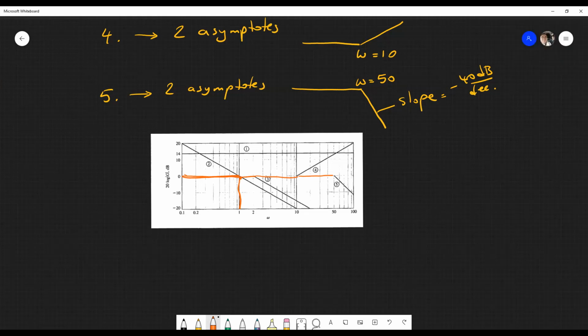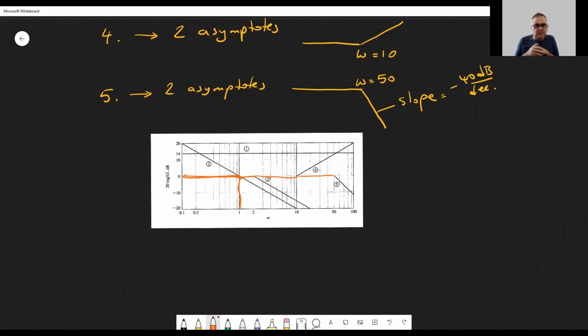Each of these has to be added up. Actually, you start from the lowest frequency. You start from the second term, and to that one you add the first one.